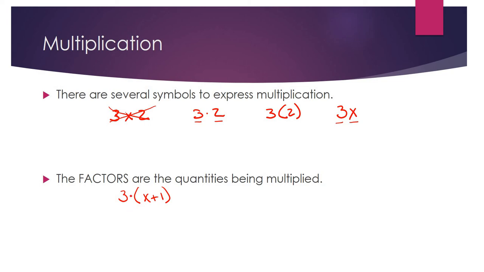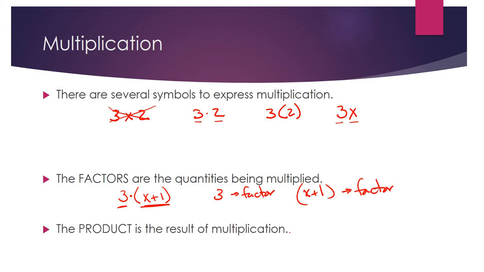That's addition, so those two things separately are not factors. It's 3 times x plus 1. So 3 is a factor, and x plus 1 all together is a factor. So factors can be more than just a simple number or a single letter.